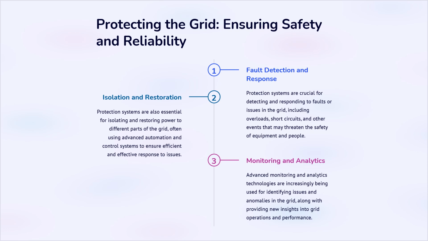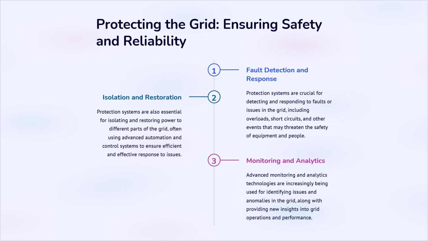Power system protection is crucial for detecting and responding to faults or issues in the grid. We face different issues because of overload, short circuits, and lightning, and there are many threats to the safety of equipment and people. So we look at fault detection and isolate the fault.